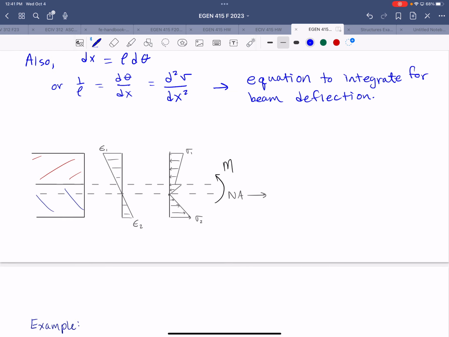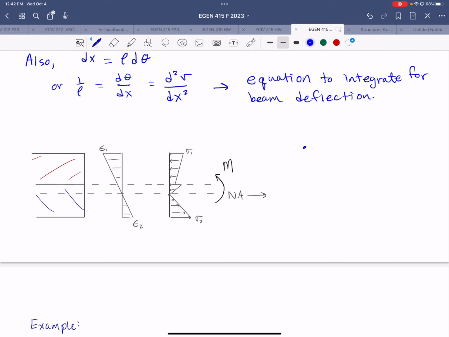Now, an example consistent with what we've been focusing on in our derivation shows the strain distribution and the stress distribution along the depth of that cross-section. And as you can see, the strain distribution is linear throughout the depth, so the strain does not depend on material. The stress, however, does depend on material, so you see a jump, a sharp change at the interface.